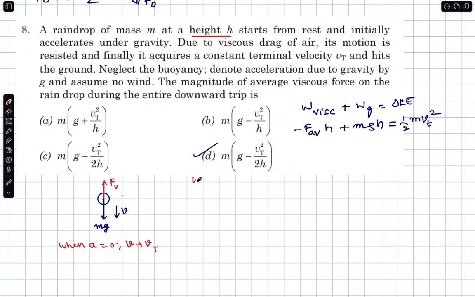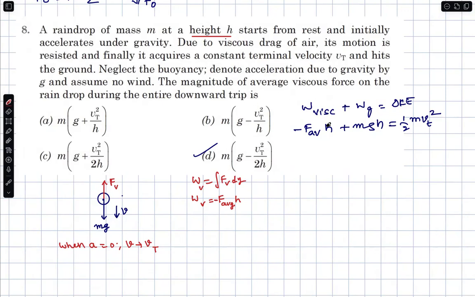Actually, if you ask me, honestly speaking, I should write this as dy. But since you are asking about the viscous force, I can write this as h. I can write it like that. I think you got my point.